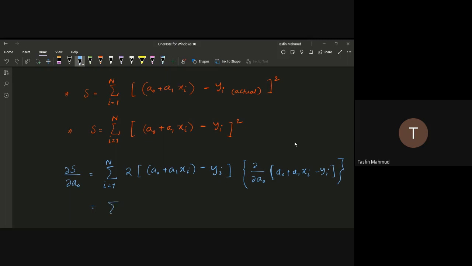So our total expression will then become 2 into a naught plus a1 xi minus yi. And from here this part will become 0, this part will become 0, and it will give us a 1. So we will get a 1 here.